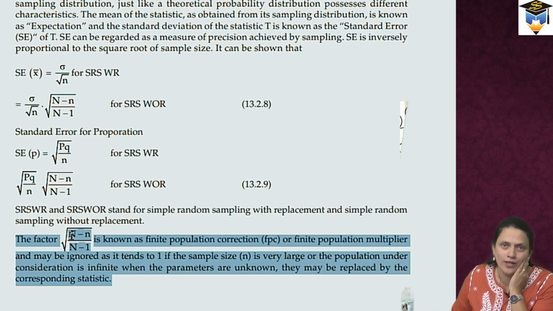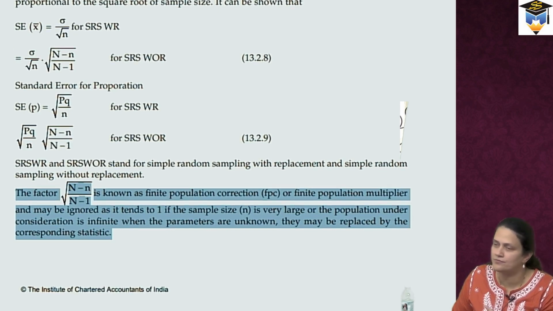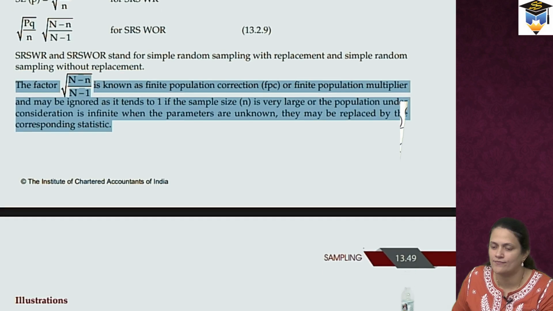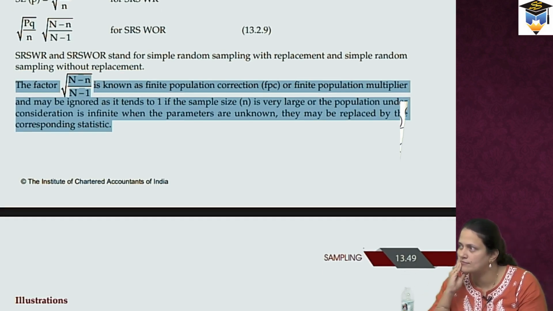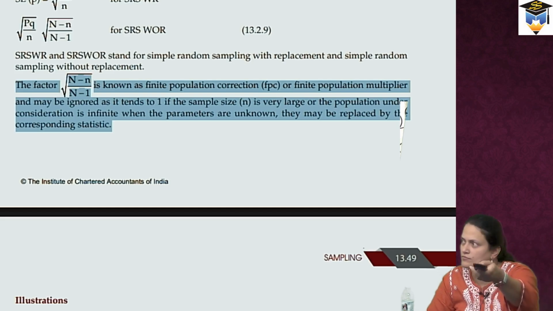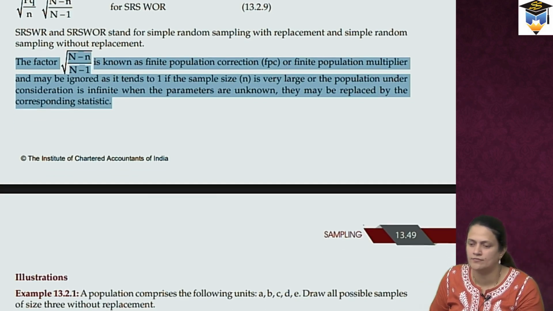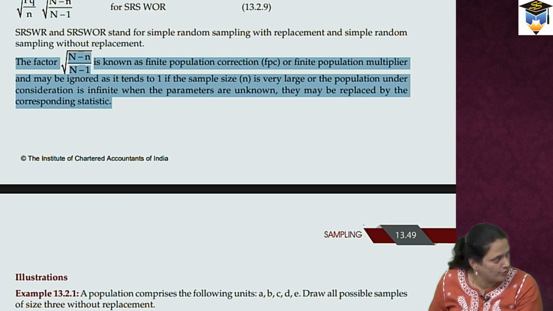If this factor tends to 1, then the sample size is very large and the population under consideration is infinite. Finish writing, all of you?